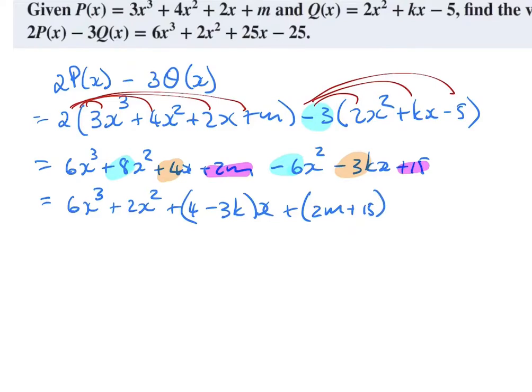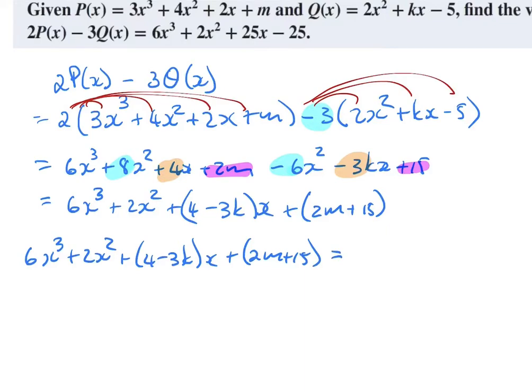Now what they say is, if I multiply 2p(x) minus 3q(x), that will equal 6x cubed plus 2x squared plus 25x minus 25. So this means that what I have here, 6x cubed plus 2x squared plus (4 minus 3k)x plus 2m plus 15, must equal 6x cubed plus 2x squared plus 25x minus 25.